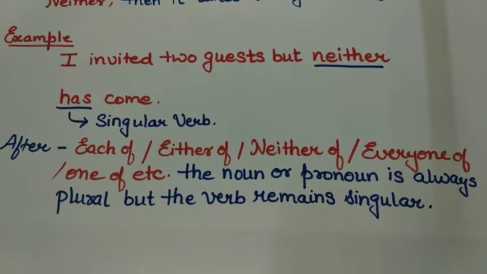Now you must be thinking that I have just told you that with each, either, neither, we have to use a singular verb. Here also I am going to use the verb as singular, but in this case the noun or pronoun is always a plural one. So let us see the example.